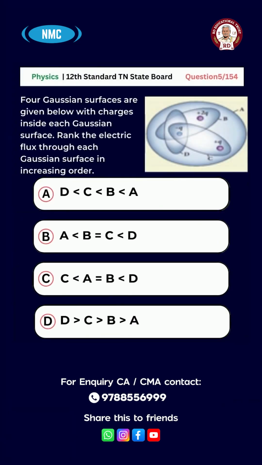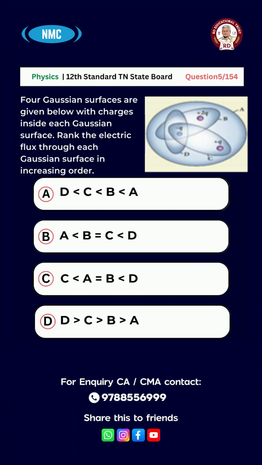Question number 5. 4 Gaussian surfaces are given below with charges inside each Gaussian surface. Rank the electric flux through each Gaussian surface in increasing order.